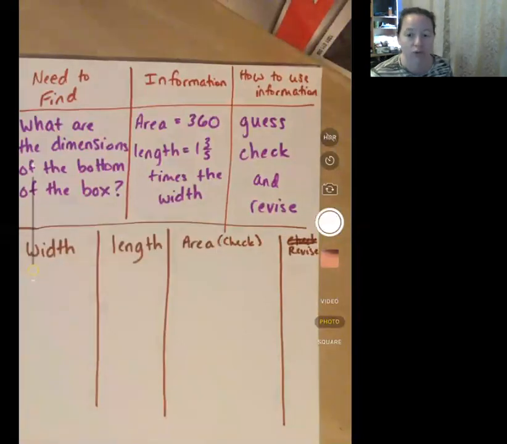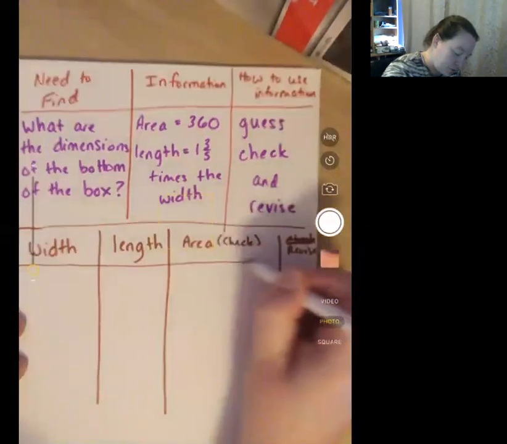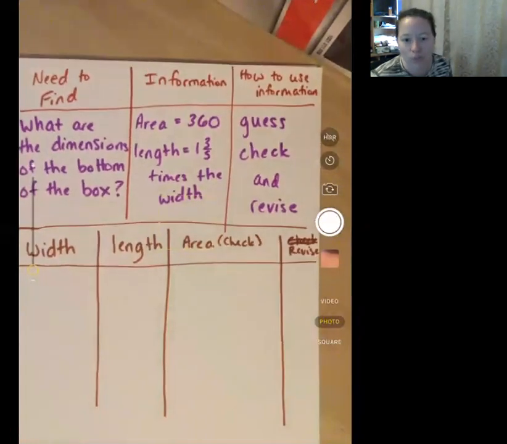That is why my revised column is so small. I don't need a huge revised column. I just need the little up for the number needs to get bigger, down for the number needs to get smaller, and checkbox for when we actually guess the correct number.